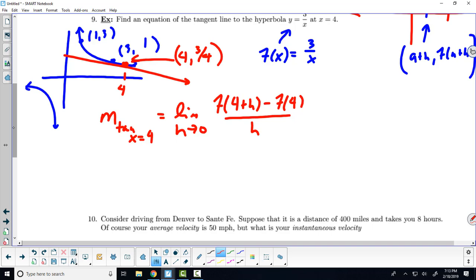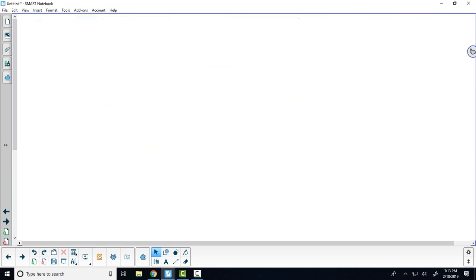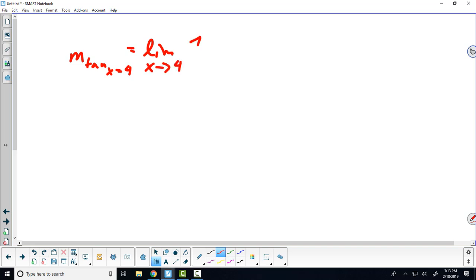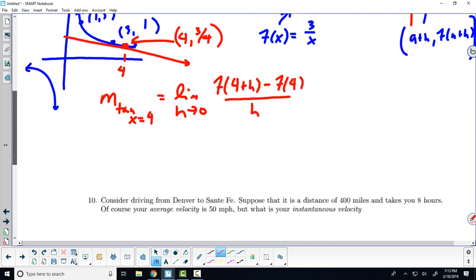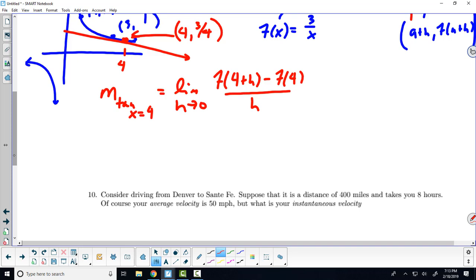If I were using the other definition, which I could certainly use, I would be saying the slope of the tangent line at x equals 4 is the limit as x approaches 4 of f of x minus f of 4 all over x minus 4. So here my x coordinate is going towards 4. In the definition that I'm currently using, which is the exact same idea, the distance between the two x values is going to 0.